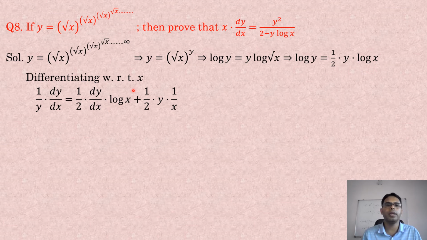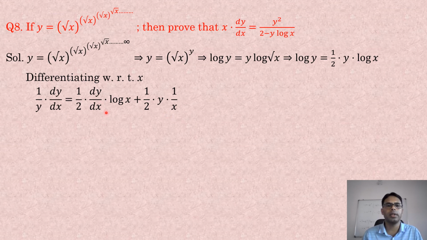So y derivative is dy/dx, log x remaining same, plus half is constant remaining same, and y remaining as it is, derivative of log x is simply 1 by x, because half is constant. So this half y derivative is dy/dx, log x is same, plus this half y remaining same, log x derivative is 1 by x only.